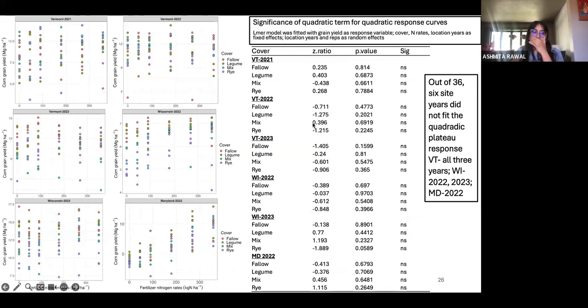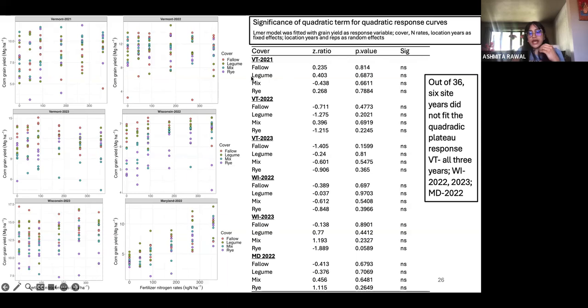So what we did was I tested this for all of those 36 site years, but the figures presented are those 6 site years which did not show a significant quadratic, which had a non-significant quadratic term for quadratic curves. So we fit a linear mixed effect model with grain yield as our response variable, and the fixed effects were cover, nitrogen rate, and location years, and random effects were location years and replications.